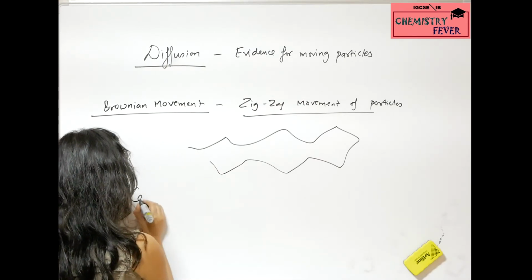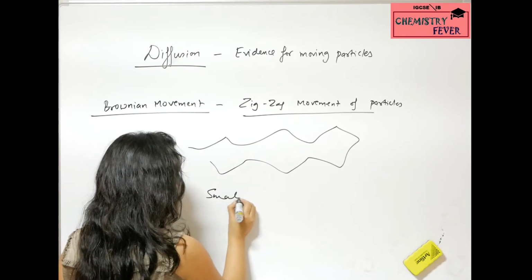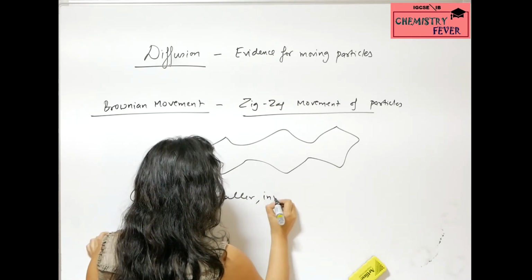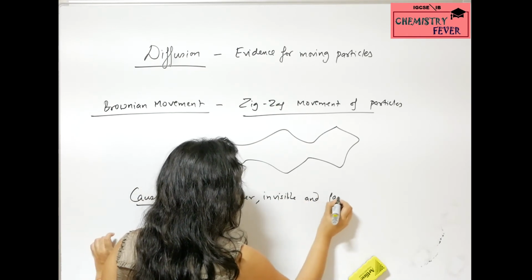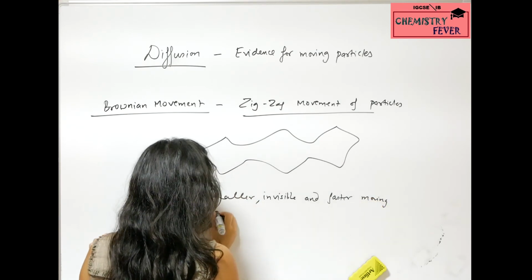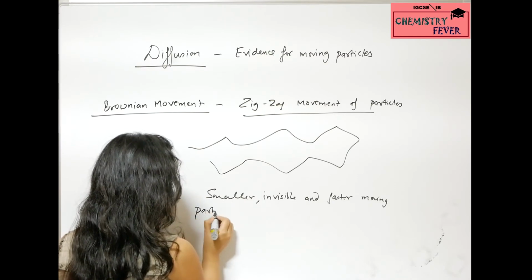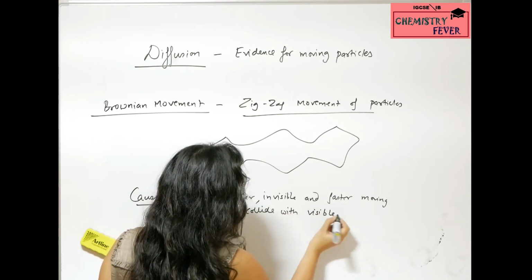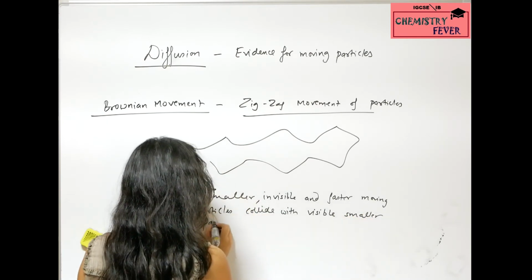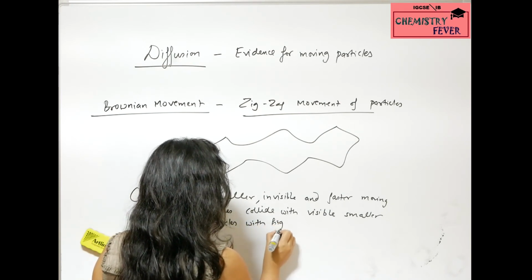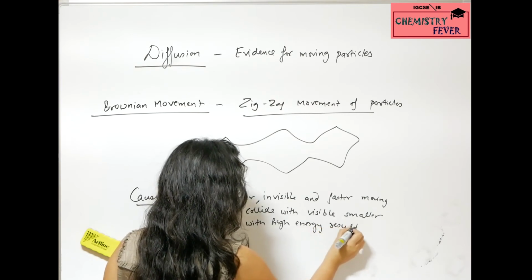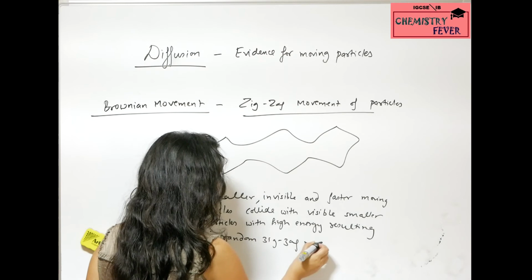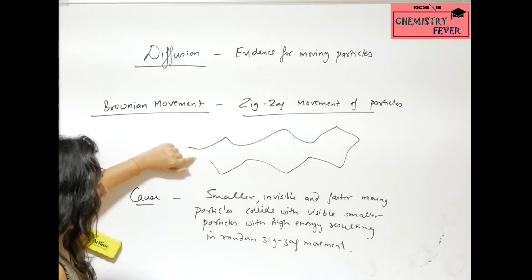Okay, so the cause of this movement is smaller, invisible, and faster moving particles collide with visible smaller particles with great energy or high energy, resulting in random movement. So we can see they are randomly going here and there.